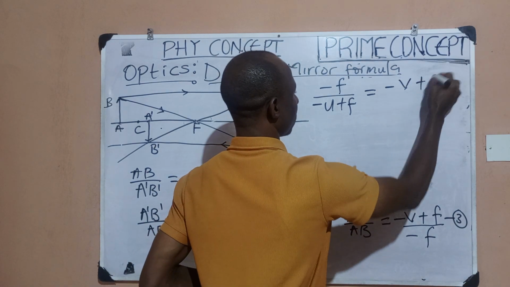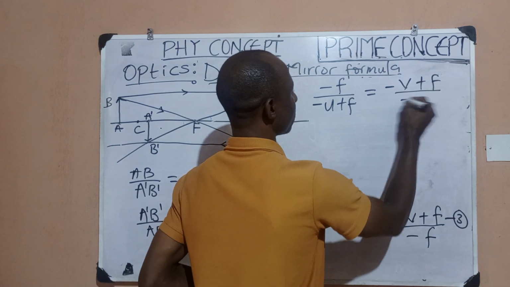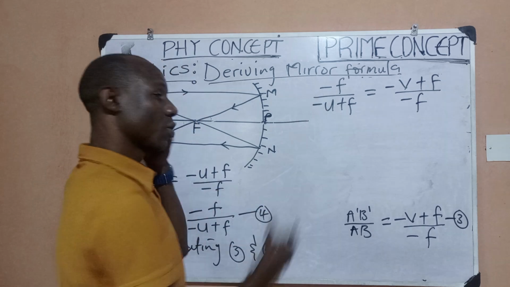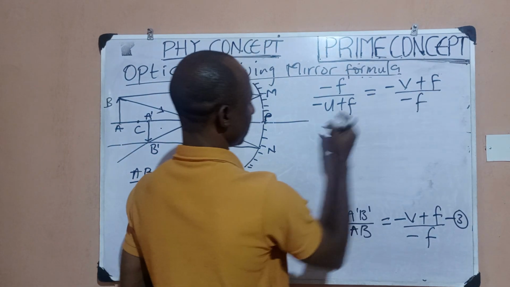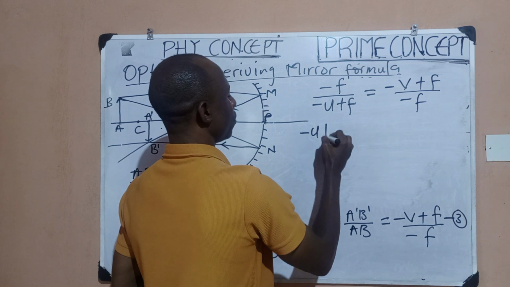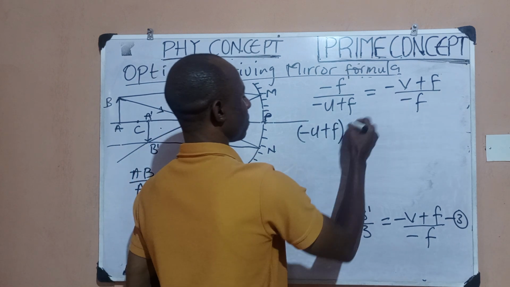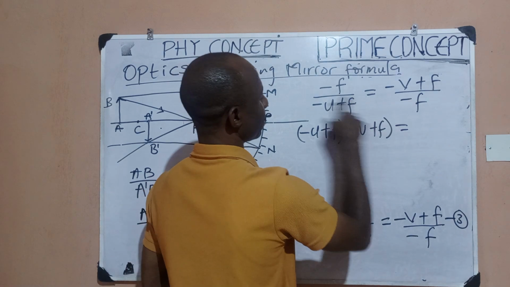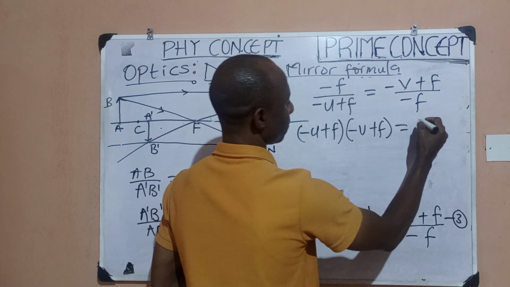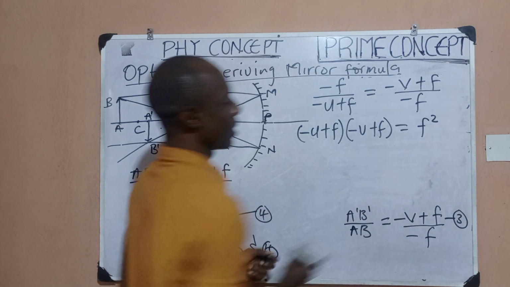Minus V plus F divided by what? Minus F. So if I cross multiply in this equation, what would I get? I would have minus U plus F multiplying minus V plus F equal to this. Minus F times minus F is what? Plus F squared.